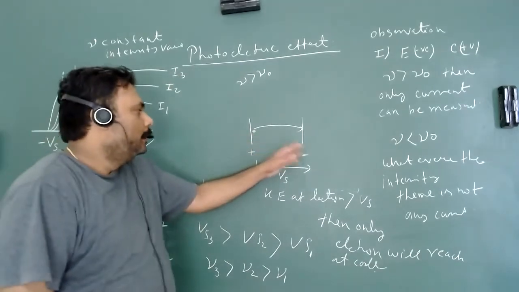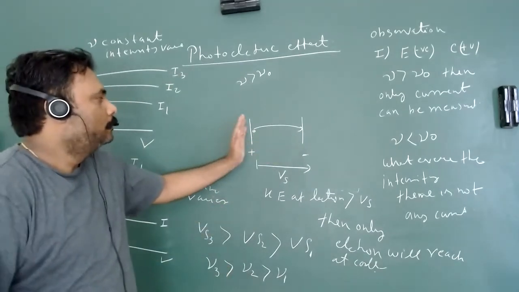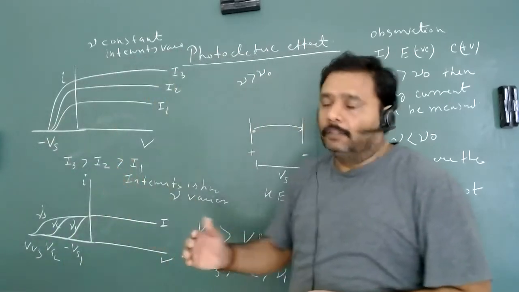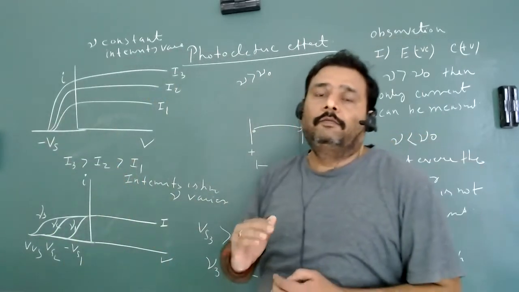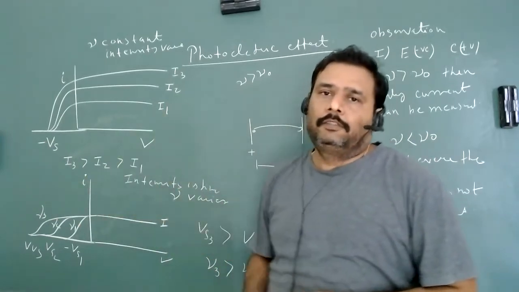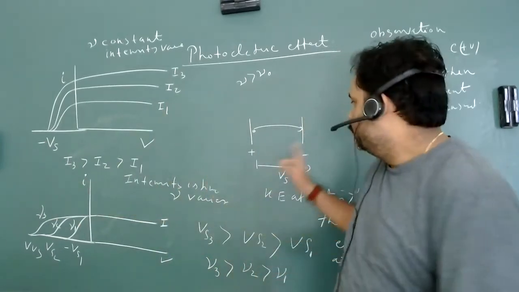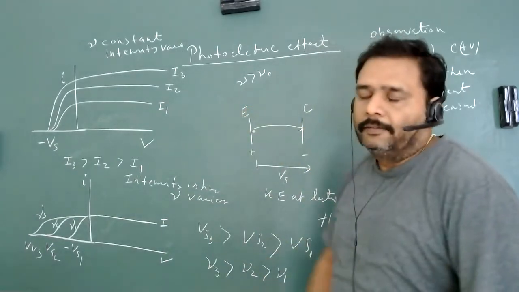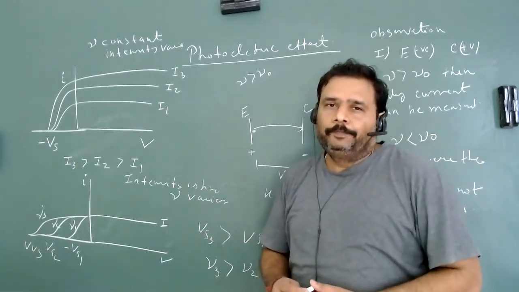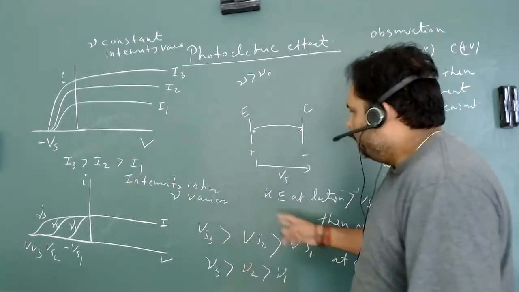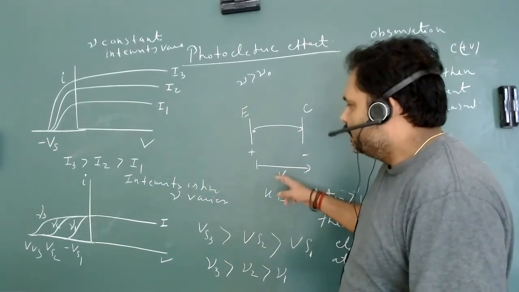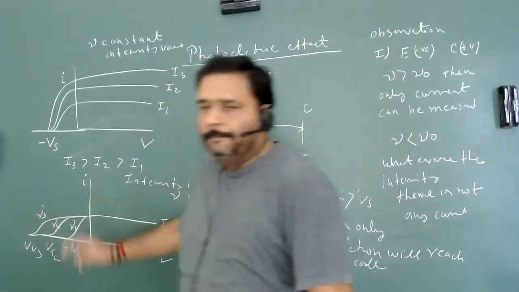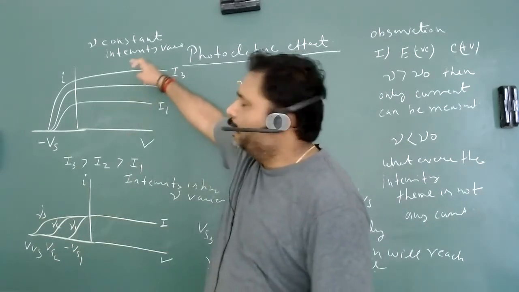What is the meaning of zero current? It means that no electron is going to reach this particular collector. Let's say this is my emitter, this is my collector. We have seen that this Vs is dependent on frequency. It is not dependent on intensity.